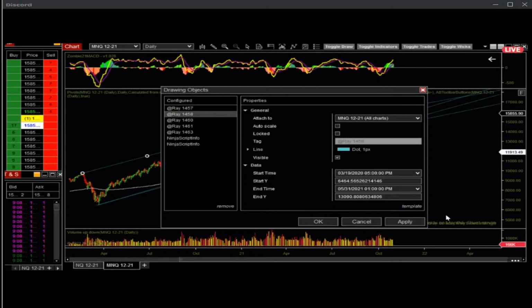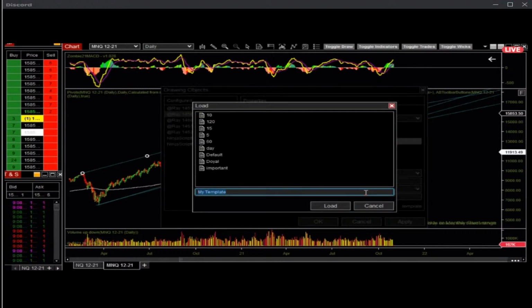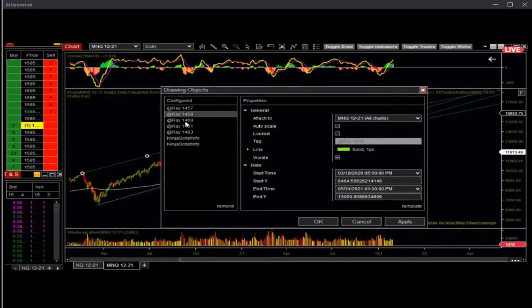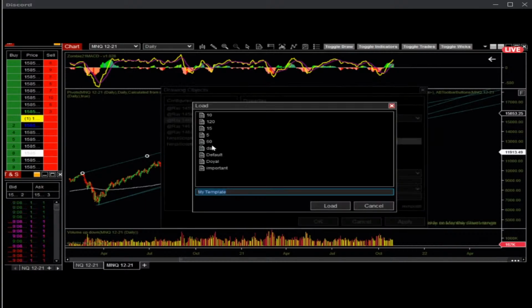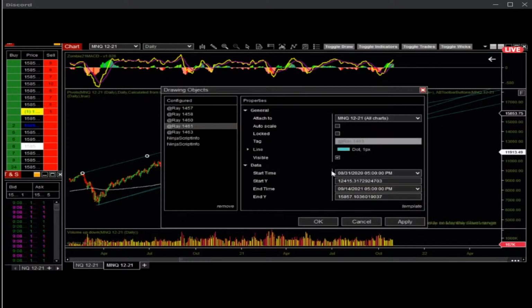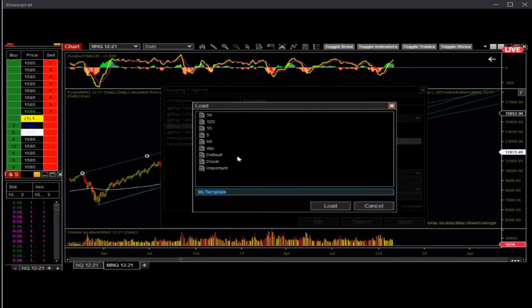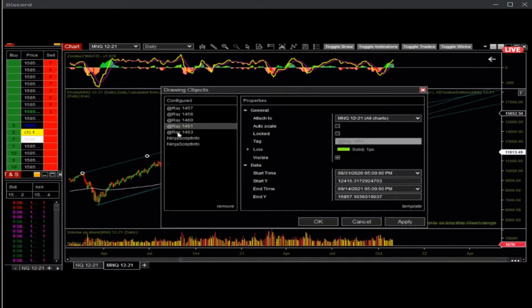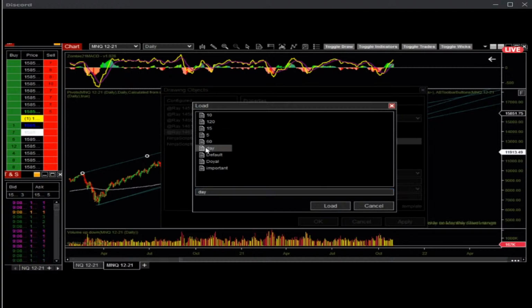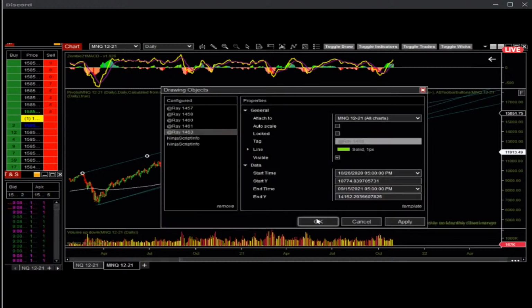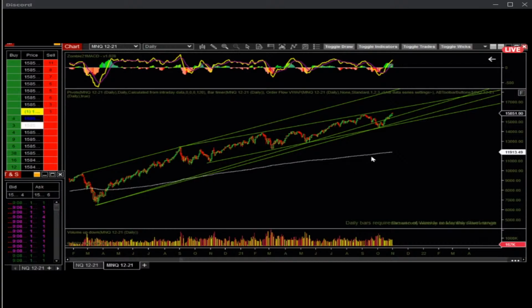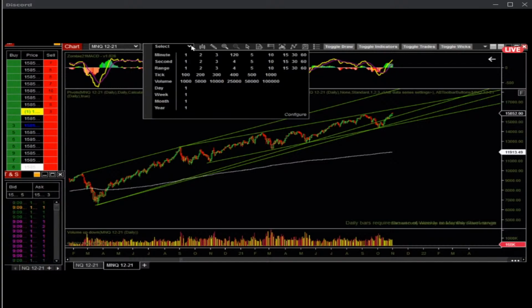And if somebody knows any easier way to do this, I'll be happy to learn, but I don't know. So we need to go to each ray and change today. Every time I see the bright green, that means it's daily.